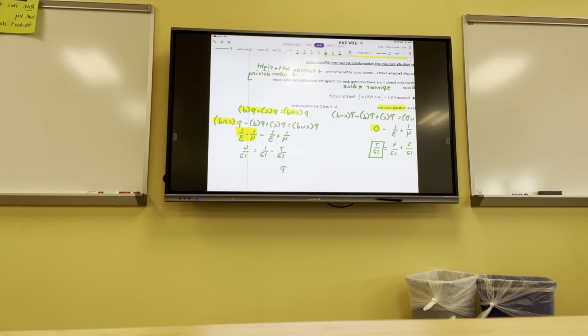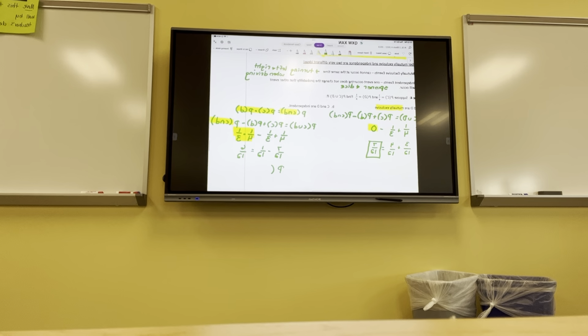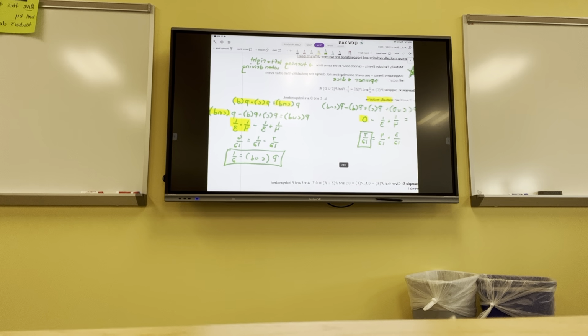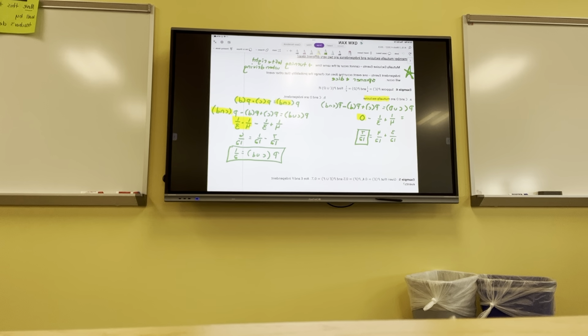So the probability of C union D is 1/2. So those are the two different types of question you'd be asked. Find the union if they're mutually exclusive, find the union if they're independent. The highlighted parts are the key parts of what you need to know for that.